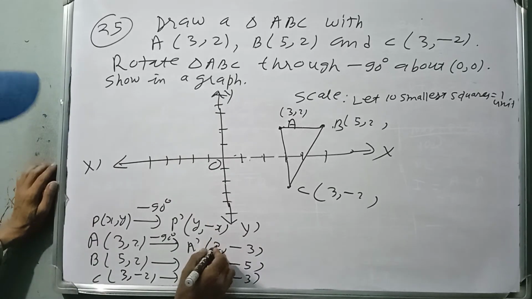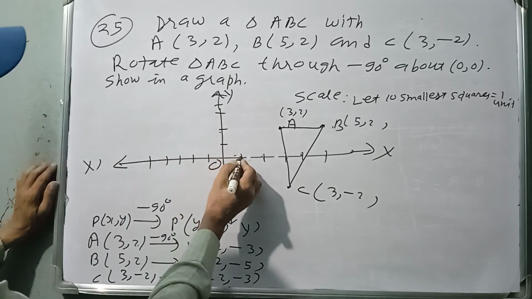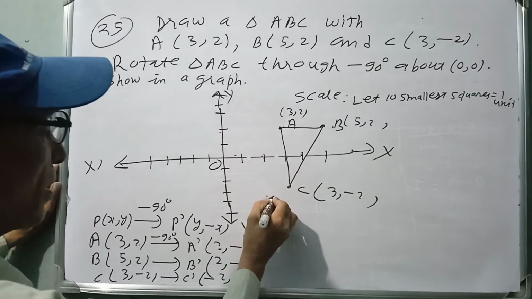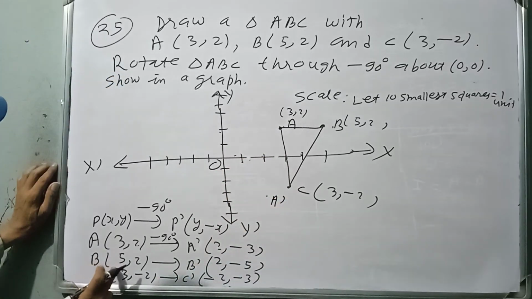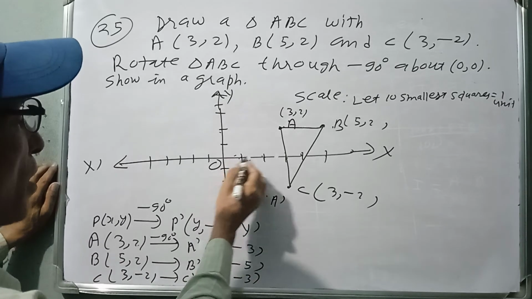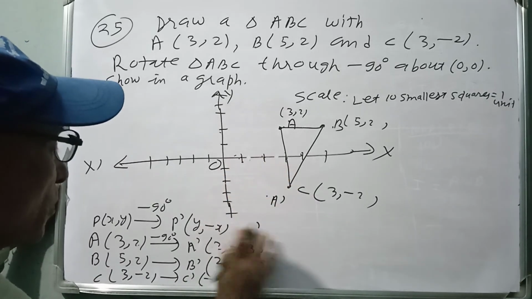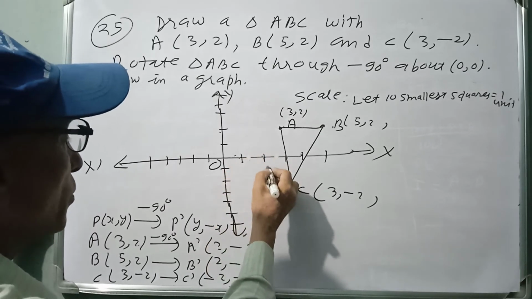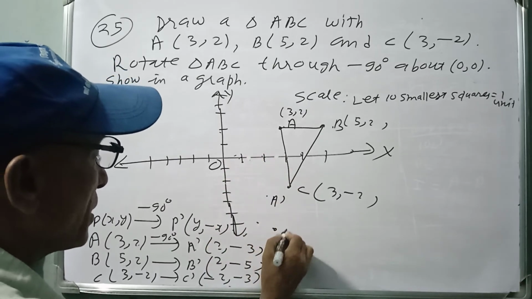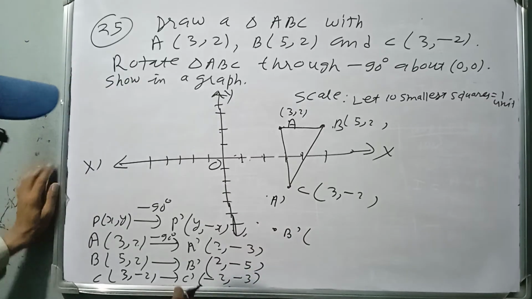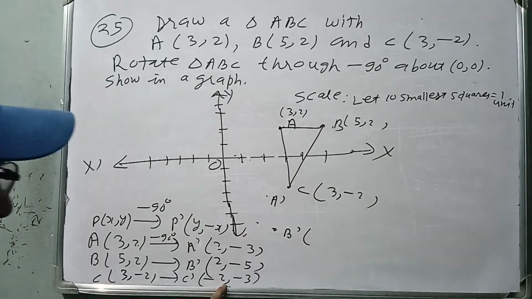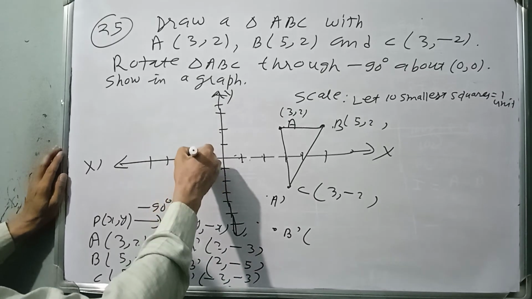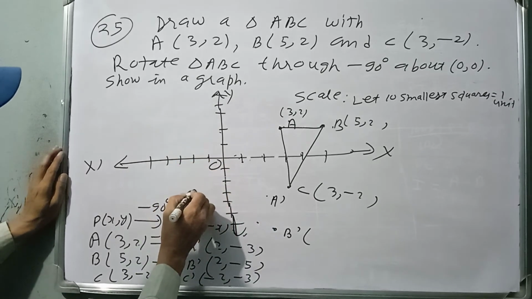Y 2 minus 3 कहाँ पर्छ? 2 भनेपछि 2 minus 3 भनेपछि 1 2 3 यहाँ पर्छ. A', B'(2,-5), अलिकति तल राख्ने. Use a graph properly. यहाँनिर पर्यो B', अनि C'(-2,-3) यहाँनिर पर्छ.